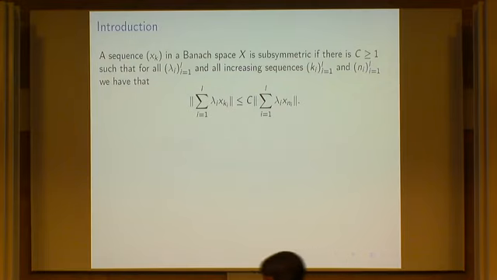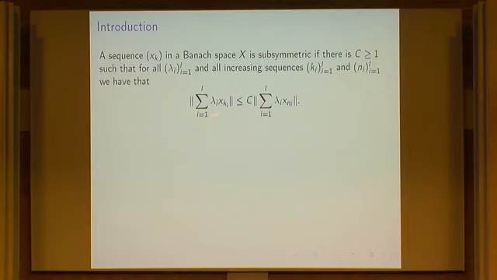The motivation is in Banach spaces. If you have a sequence in a Banach space, you say it is subsymmetric if there is this constant C, such that for any finite combination with the same scalars, the norms of these combinations are similar.